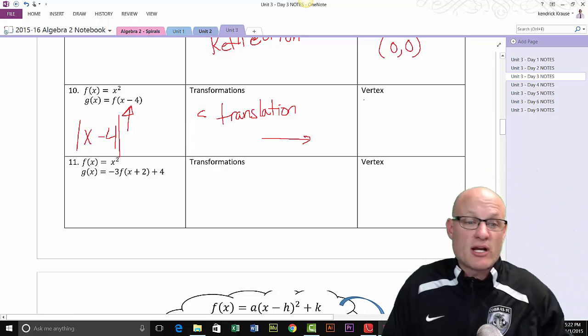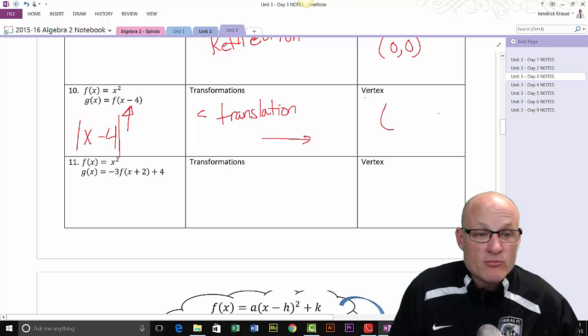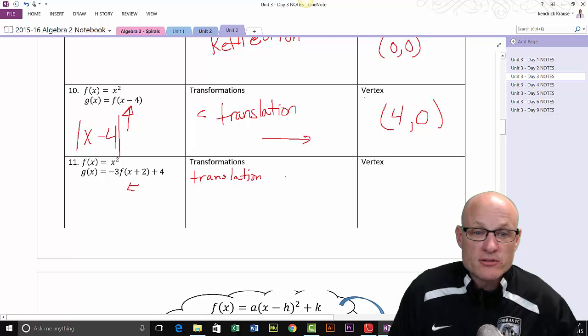So in this one, we got all kinds of crazy stuff going. This is going to move it to the left 2, so we got a translation. We're going left 2, and a translation up 4.